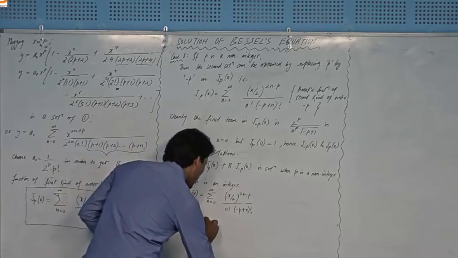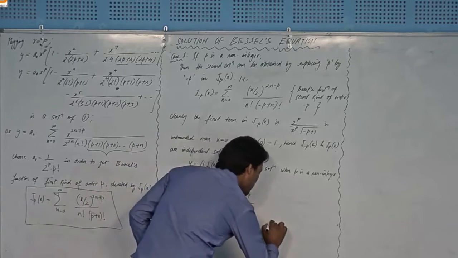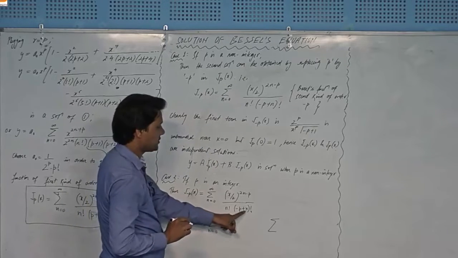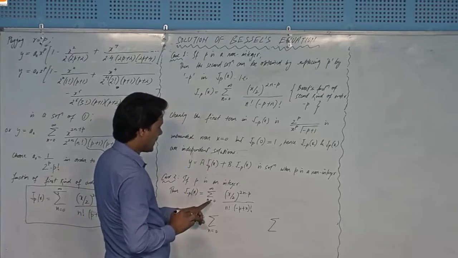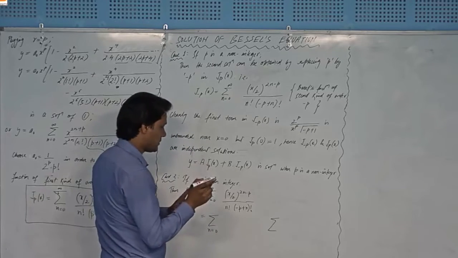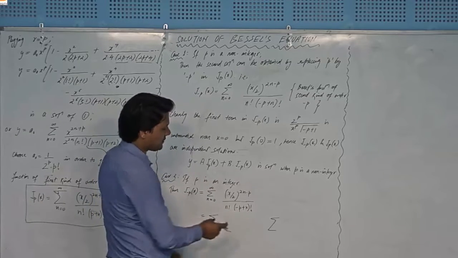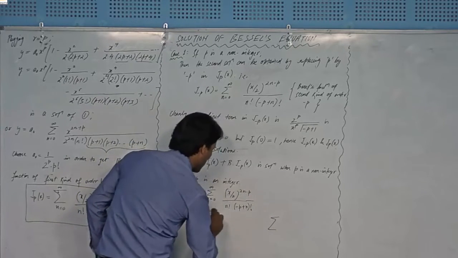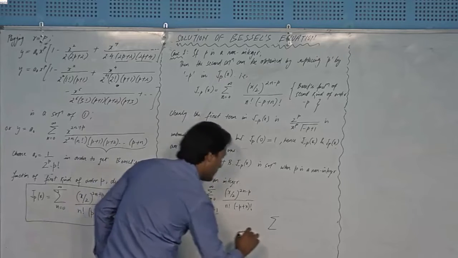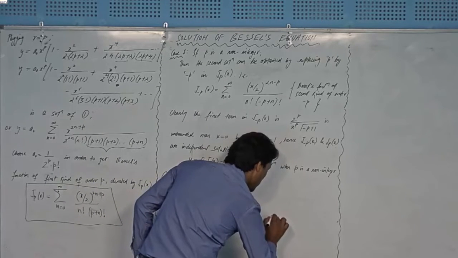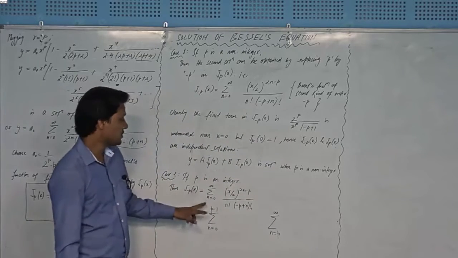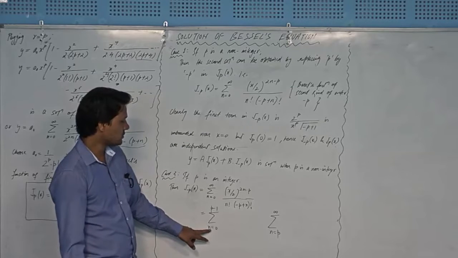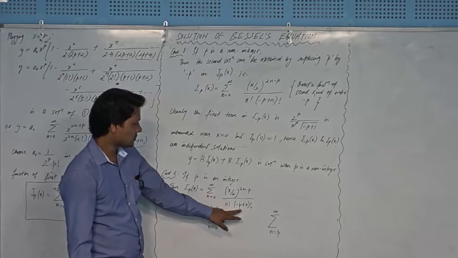You can see that if I break this summation into two summations like this, the first one running from n equal to 0 to p minus 1, because at n equal to p it is going to 0, and from n equal to p to infinity, right? So I have broken this summation into two summations. We can do that.